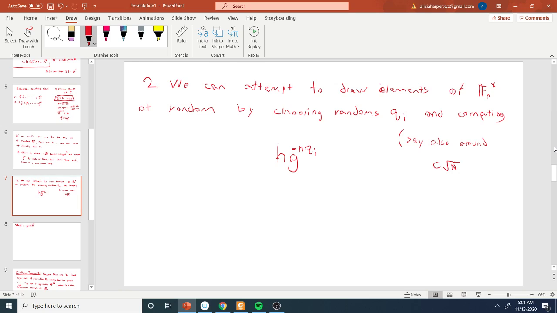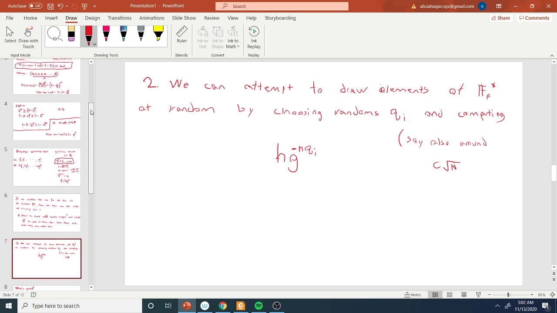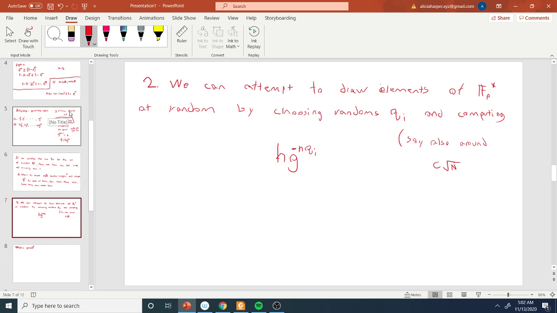Because all we need at that point is the little Qi and the little Ri corresponding to a matching pair. So this gives us a probabilistic modification of Shank's baby step giant step.